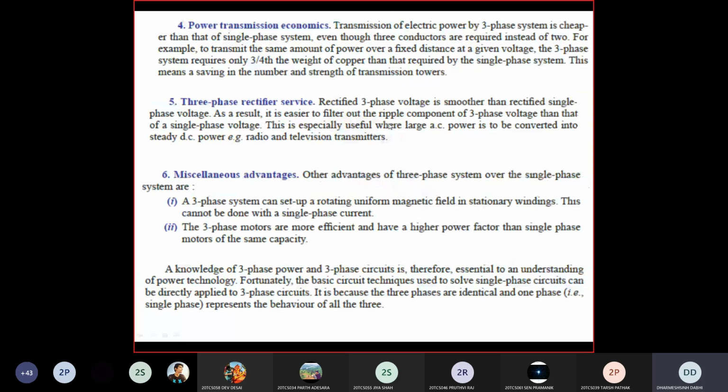Rectifiers made for the three-phase system are easier to make, and they do not require a large or expensive filter.